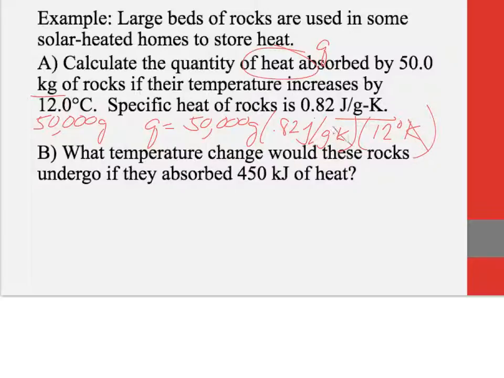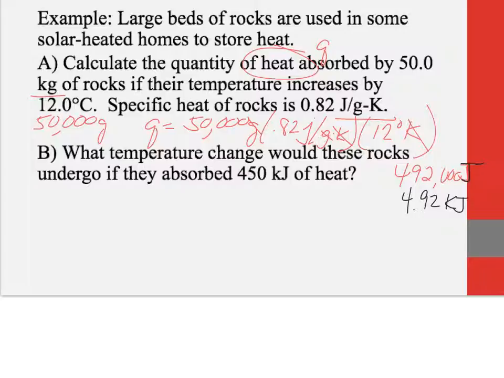My units will cancel, and when I do the math, I get 492,000 joules. This could also be 492 kilojoules, depending on how they asked you to report it.